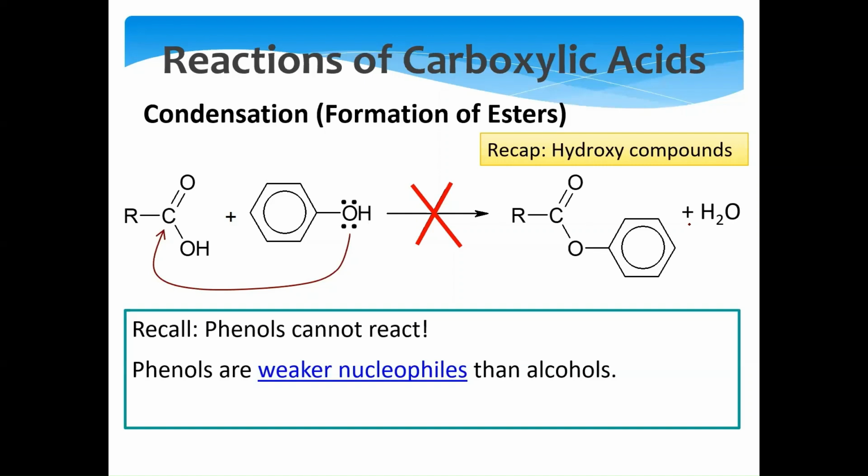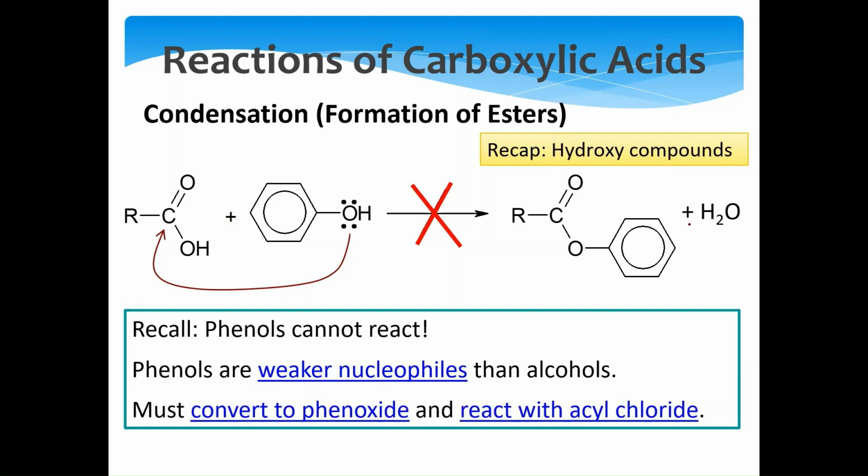In phenol, the lone pair of electrons on oxygen is delocalized into the benzene ring. Therefore, we will have to convert phenol to phenoxide, which is a better nucleophile, and then react it with acyl chloride. We'll talk more about this reaction later on when we come to acyl chloride.